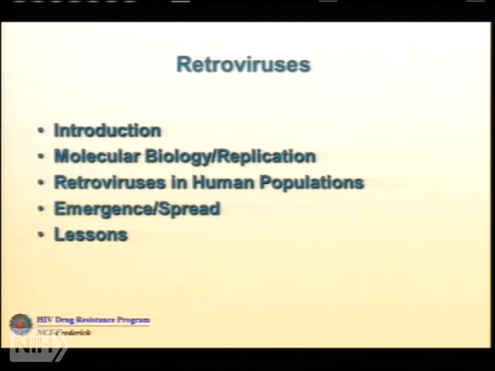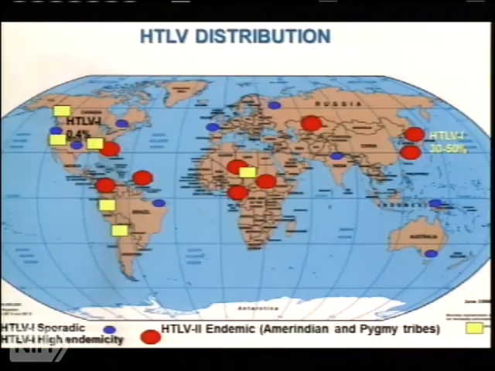I think those lessons are not just for infectious disease people, but for researchers in general, because a lot of the research techniques that people use today have used retroviruses in one form or another, or at least have benefited by their study.